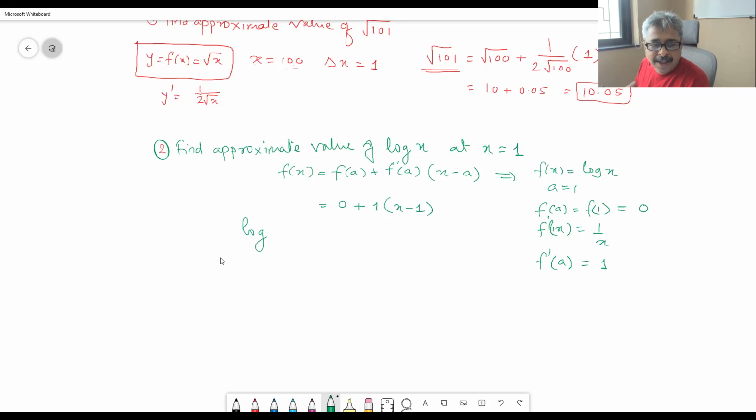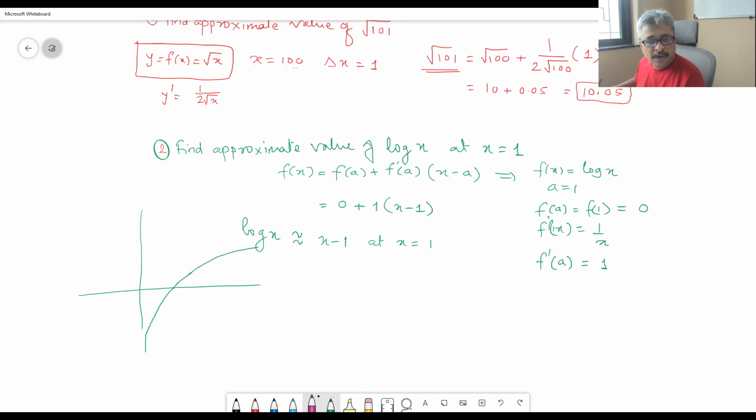Log x is approximately x minus 1 near x is equal to 1. So let me explain what it means. Our log x will go like this, correct?